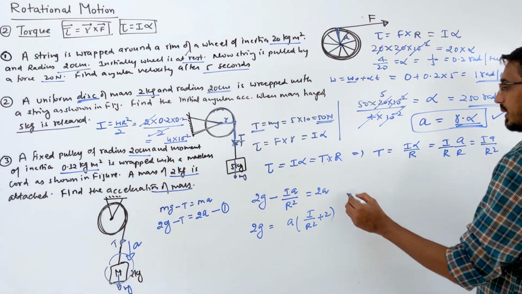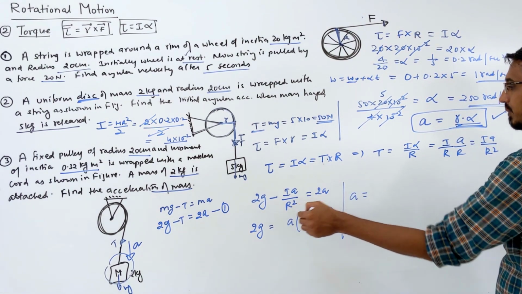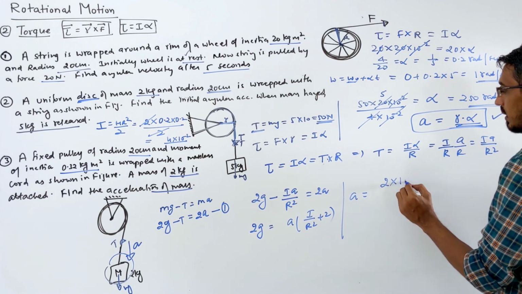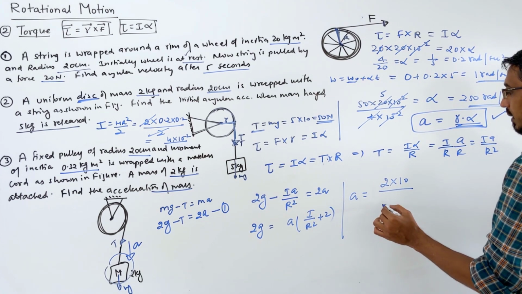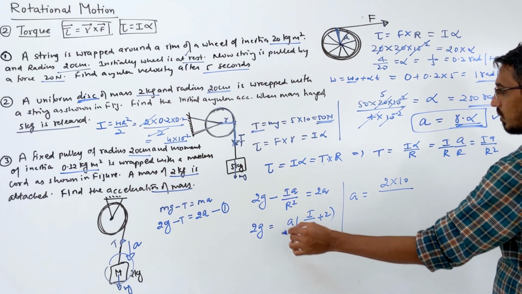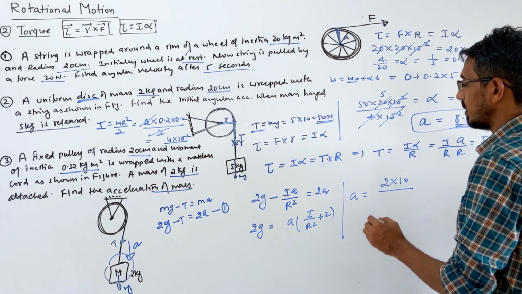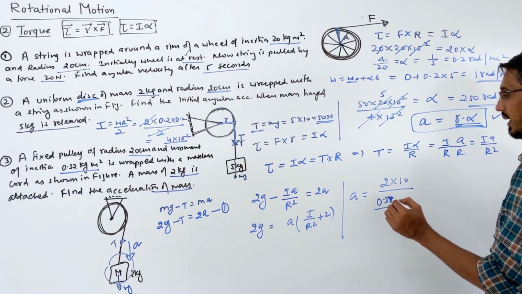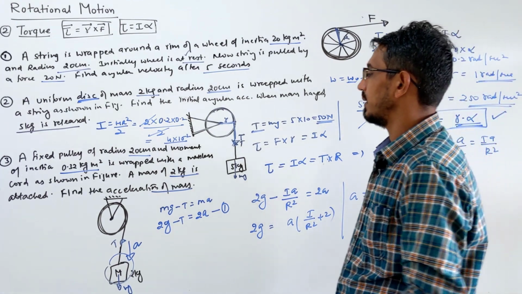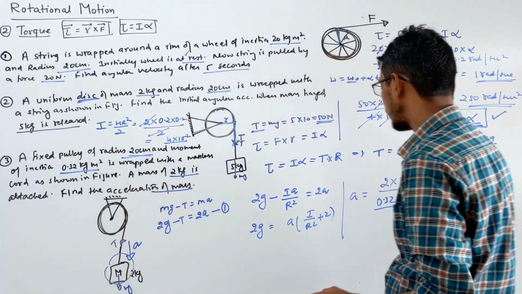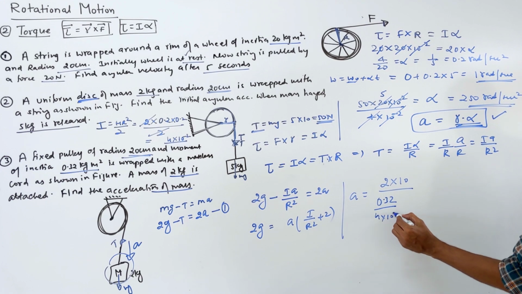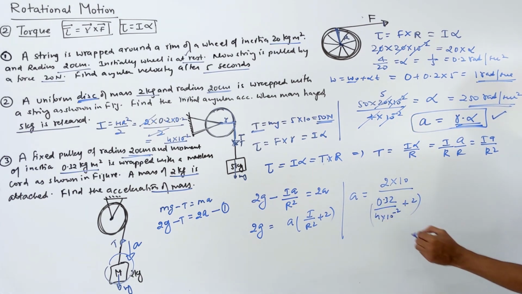So that is your answer: a should be equal to 2g, which is 2 into g, that is 10, divided by I, this term goes down. Inertia is given to you as 0.32 divided by r square, radius square. This one is 4 into 10 power minus 2, plus 2.